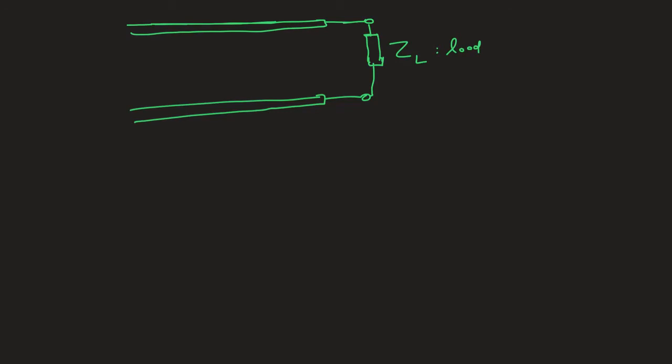So for example, if the transmission line coming from your local electricity supply company terminates at an air conditioner in your home, so ZL would be your air conditioner, right? Or if it's a fan or a light or a washing machine or whatever.